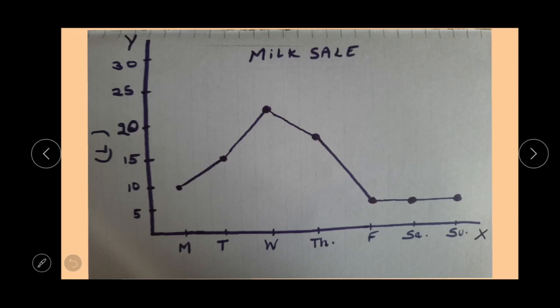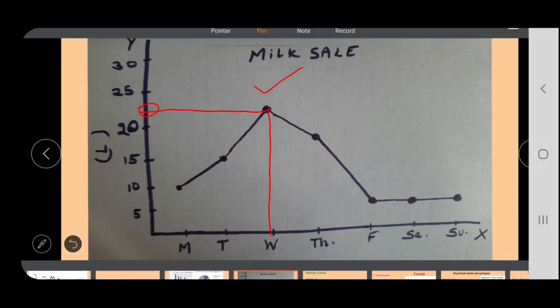And how much is it on Wednesday? So here this is the problem. Now how can you find out the quantity? The very easy way is to draw a line with your scale here and here. Now on this point you can find the quantity.